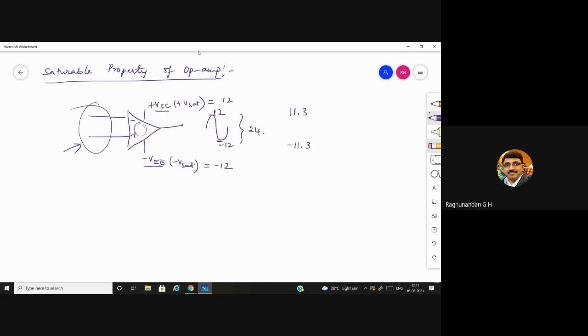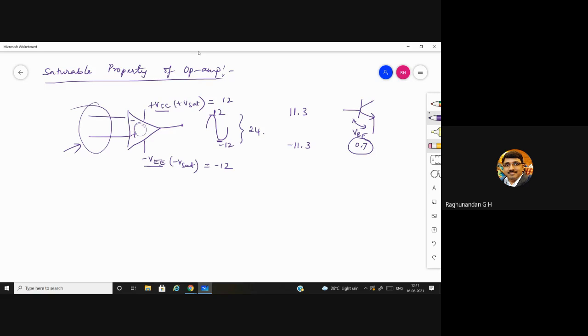Can anyone tell me why this is? So that is because of the semiconductor used, 0.7. Yes, good. Each individual transistor is going to have VBE, the base to emitter voltage drop, which is 0.7.